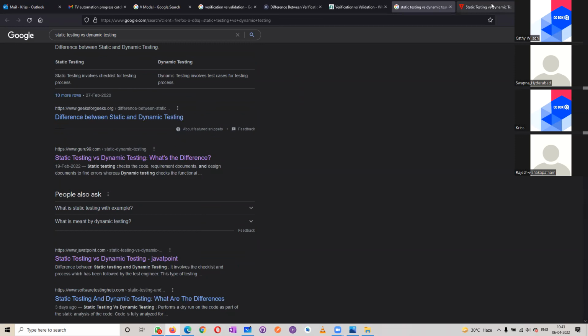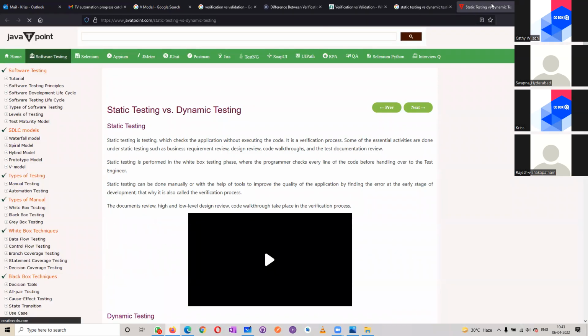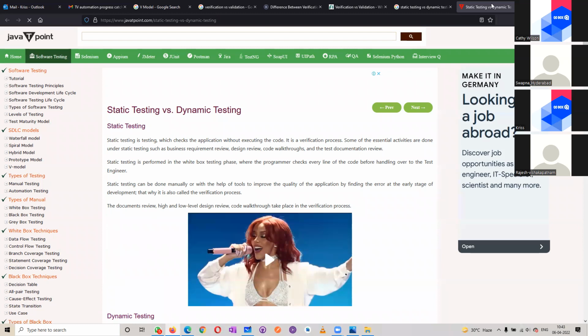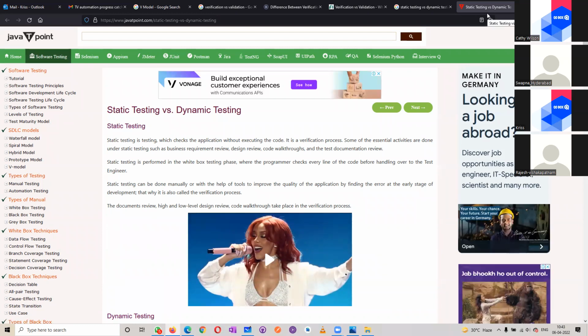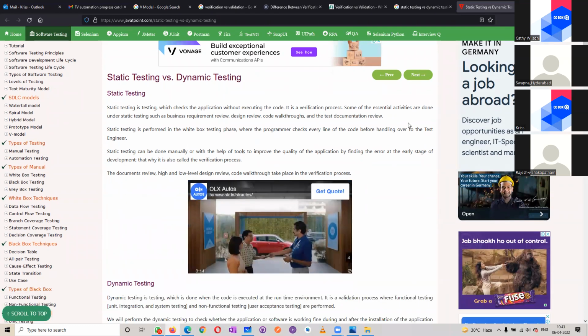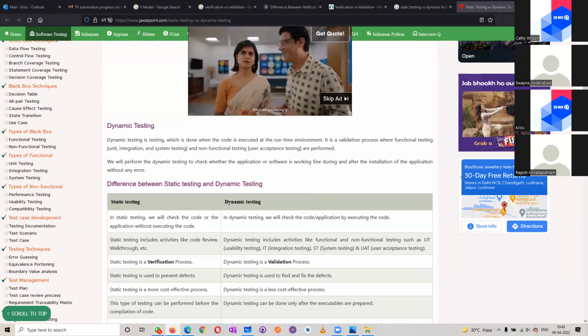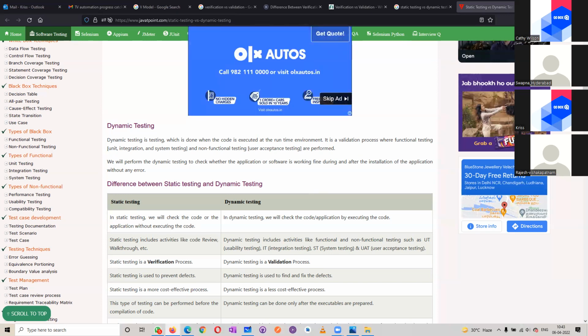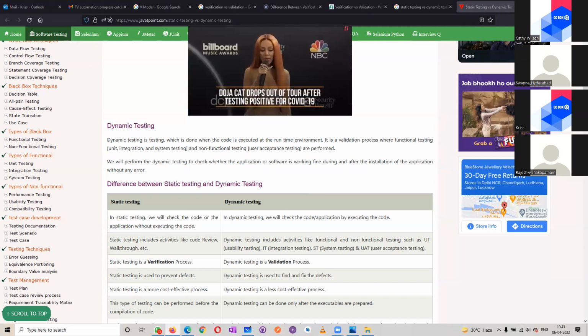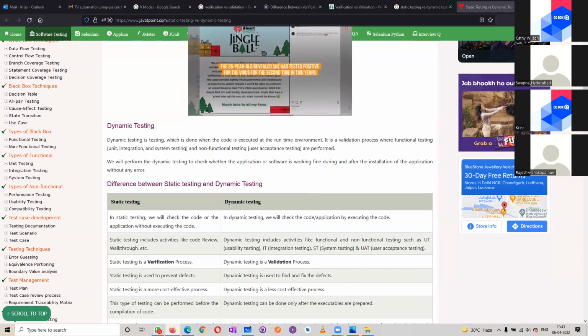You shouldn't just say that, though. Whenever you are asked about verification and validation, will you just say verification is static testing and validation is dynamic testing? We should be able to understand what exactly the process is. Someone is saying static testing is related to the documents of the project. Static testing is done without executing any code. It's reviewing the particular documents.